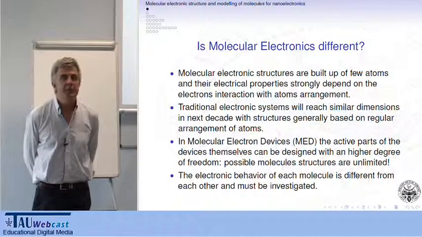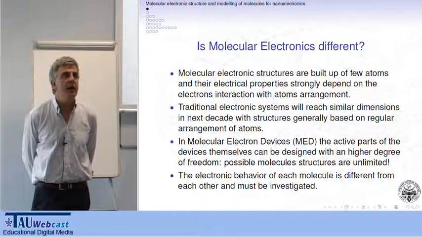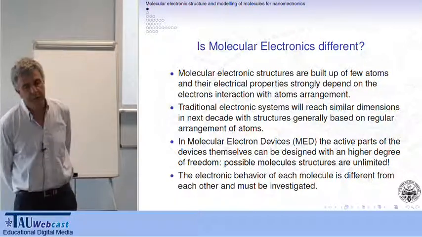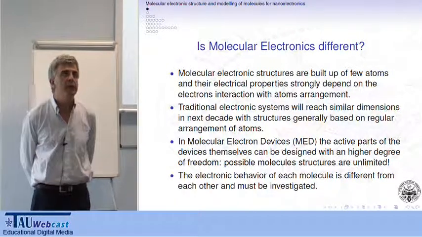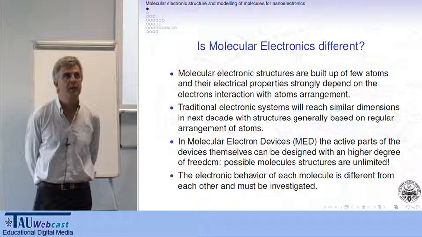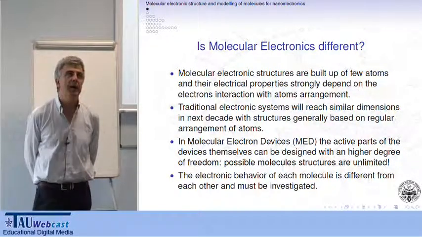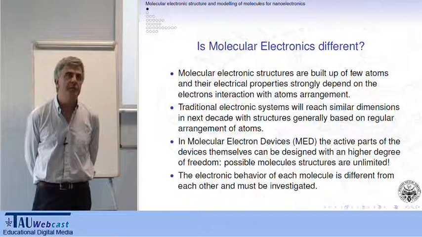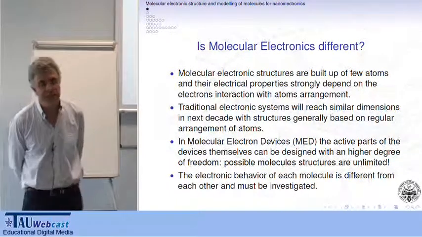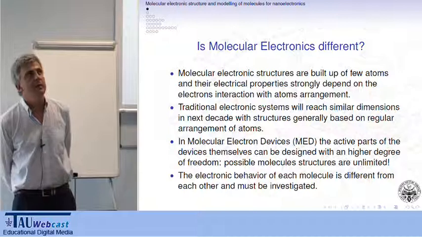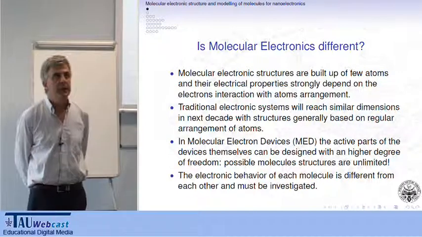In traditional electronics, dimensions till now are larger than in molecules. Molecule dimensions are a few nanometers, and probably the same dimension will be reached by traditional electronic devices within one decade, 10 years.